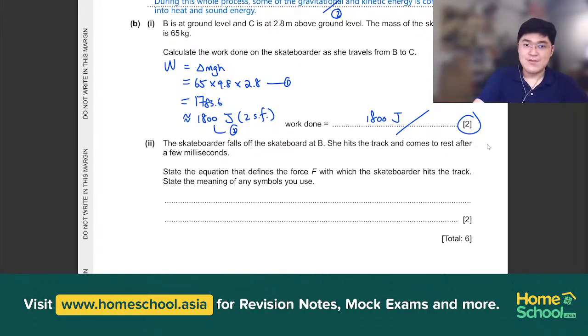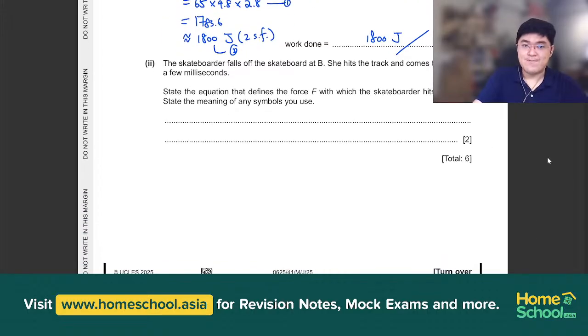Let's move on to B part 2. The skateboarder falls off at B and she hits the track and comes to rest after a few milliseconds. So poor girl, she fell off the skateboard and came to rest after a few milliseconds.